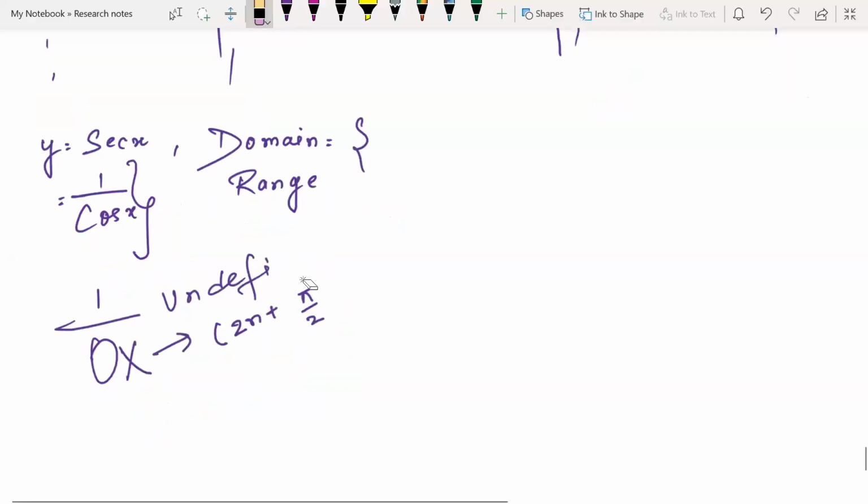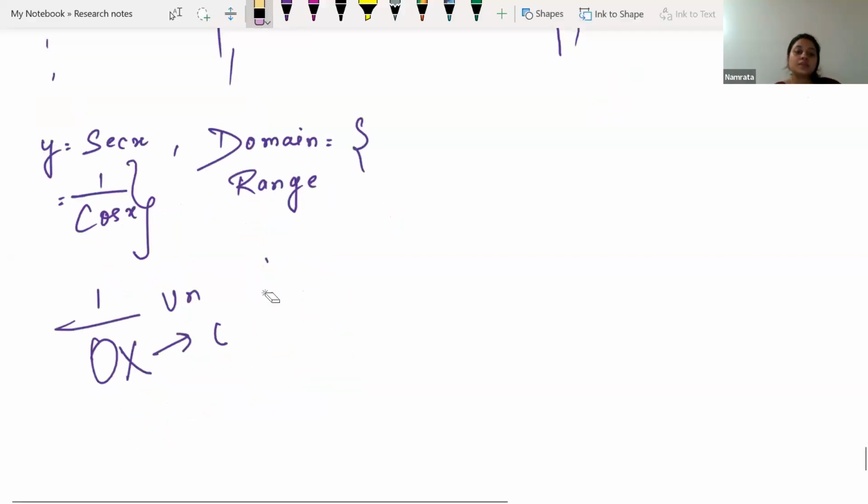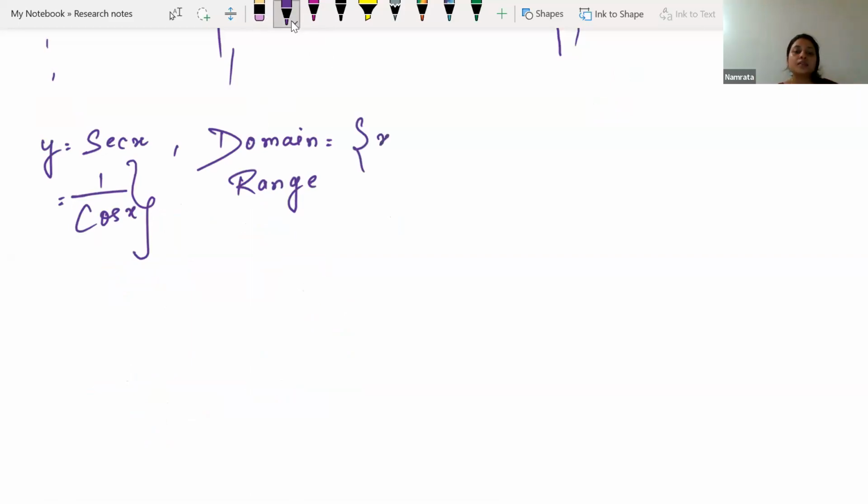So I am going to write that the domain is the set of all x such that x belongs to the real numbers, but again x must not be an odd multiple of π/2, where n is an integer.